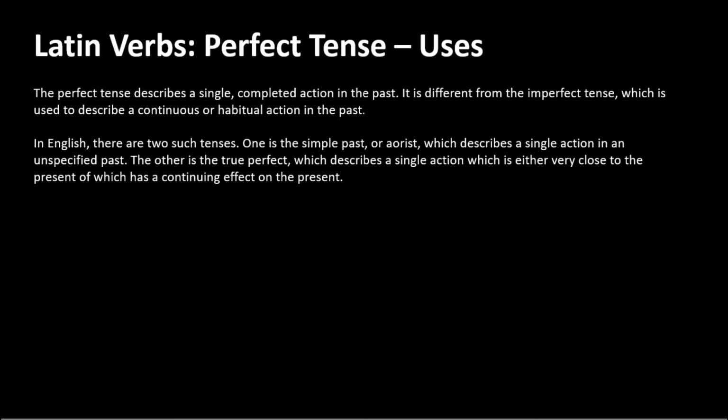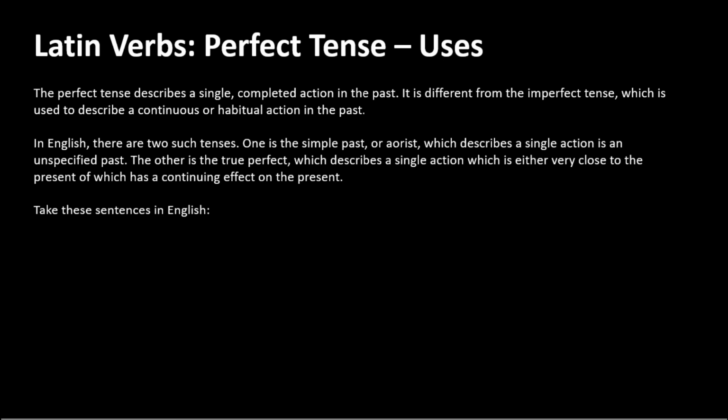The other is called the true perfect, and this describes a single action which is either very close to the present or which has a continuing effect on the present. In Latin, both of these tenses are contained within what is called the perfect tense.